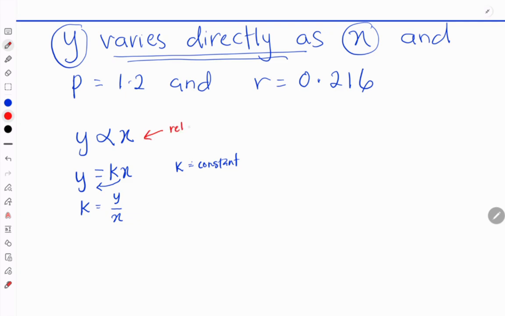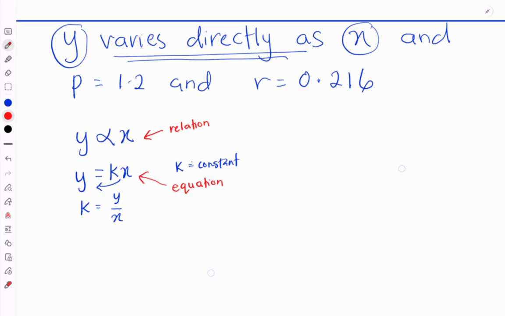So you must be able to write the relation form, and then you must be able to write the equation form, and you must be able to find the value of k, but we haven't found k yet.